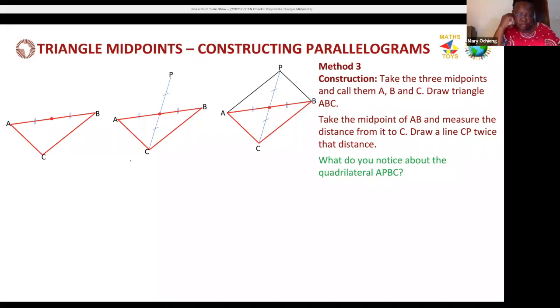The hint here is to prick through, so that if you're going to match A and B to find the midpoint of AB, and then you've got C and you're going to find P, you would fold along the line AB, and if you've pricked through C with a pin, then that will go through the point P. So you can either get out your rulers and compasses and set squares, or you can do it by paper folding.